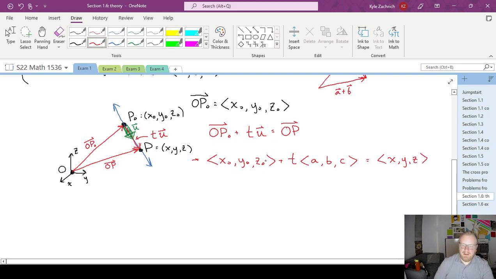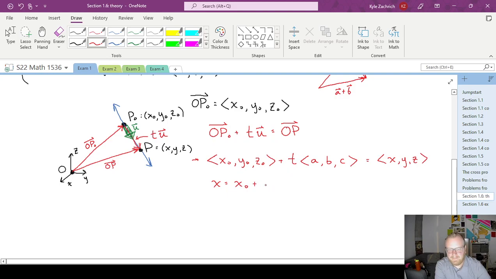If we take these individual components here, we get that x is equal to x naught plus at.